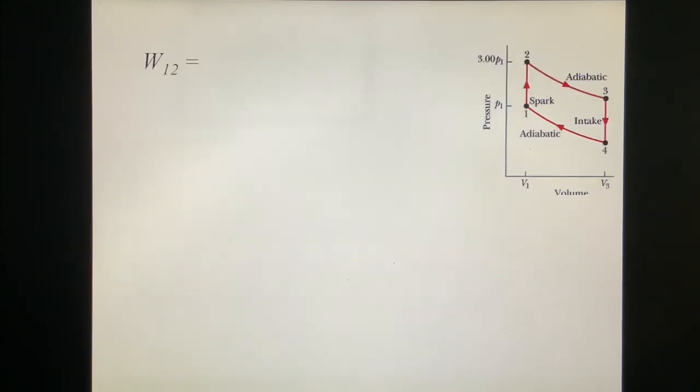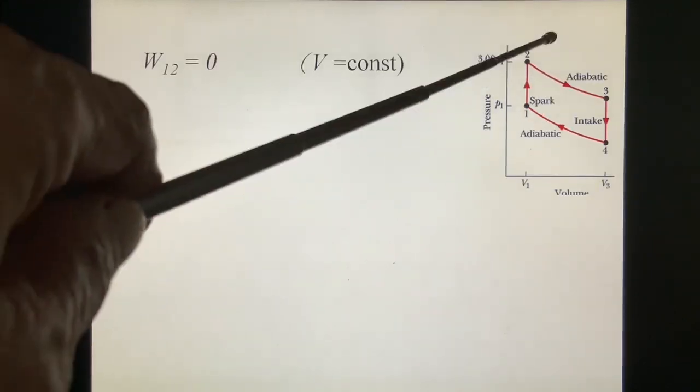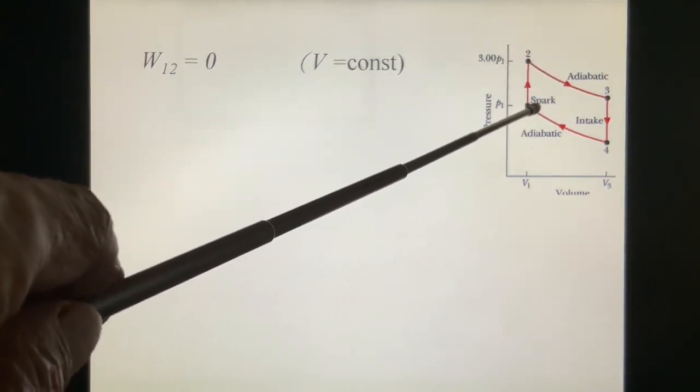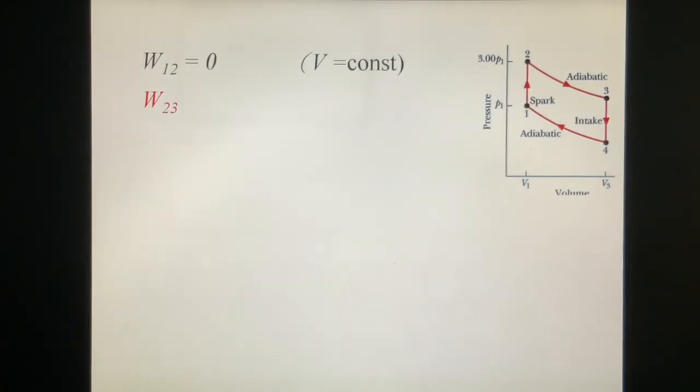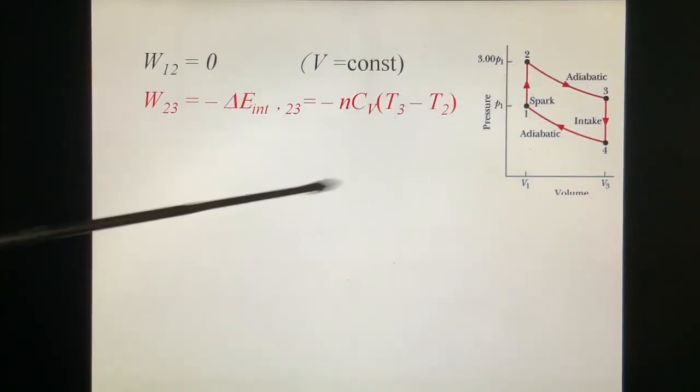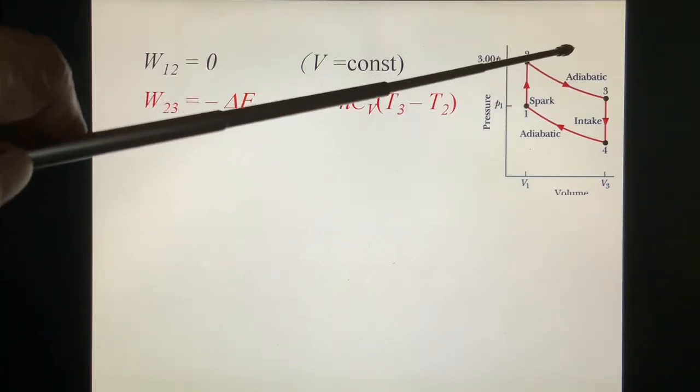Now with that, W12 work is 0 because it is constant volume, you don't have work P dV. And W23 is adiabatic, Q equal to 0.